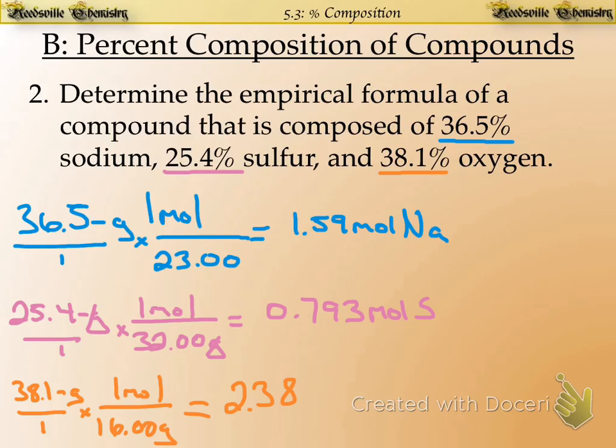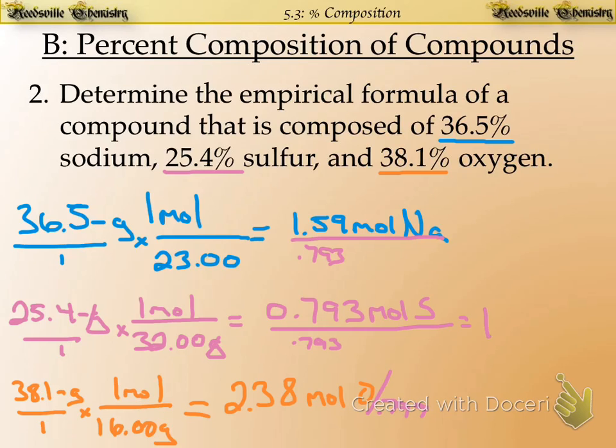2.38. Now, your next step is to take the smallest number that you have, and that's going to be our sulfur, and you want to divide each number by your smallest. So I'm going to divide by 0.793, and here by 0.793, and here by 0.793. This one's simple.